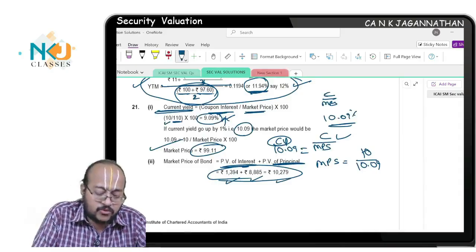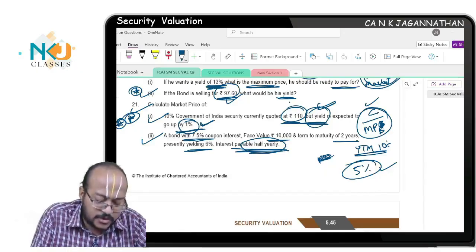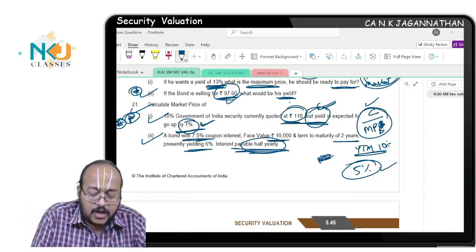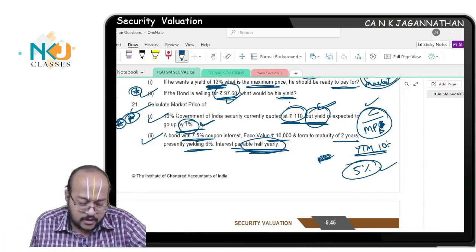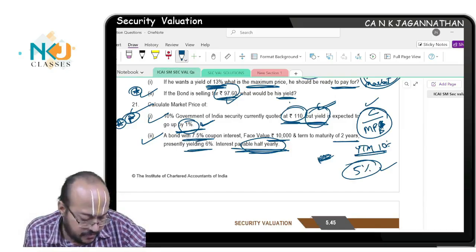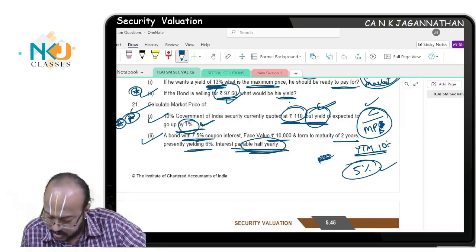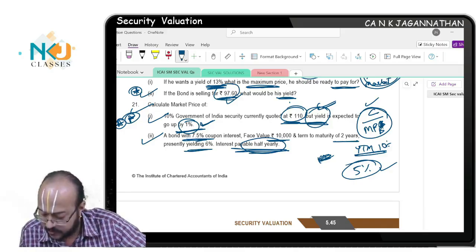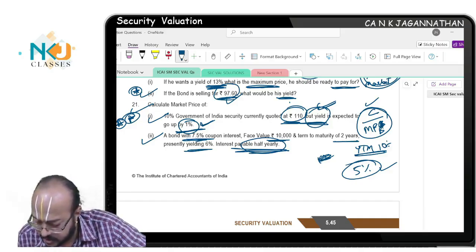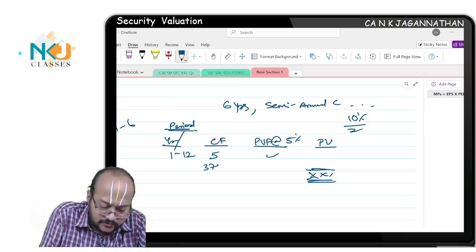Like this you use in the question; I will tell you what to do. In this question, the bond is paying a 7.5% coupon. The yearly coupon is 7.5%, face value 10,000, so 10,000 into 7.5% is 750, divided by 2. That is 375, which means the cash flows you replace with 375.